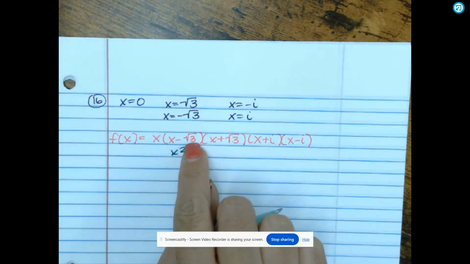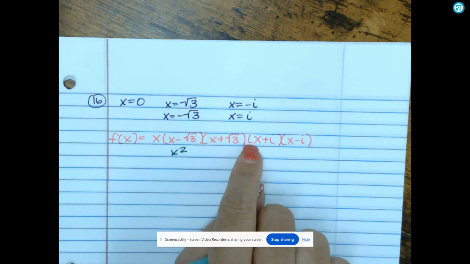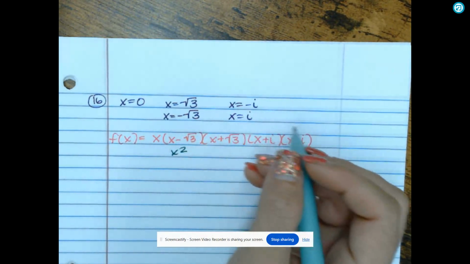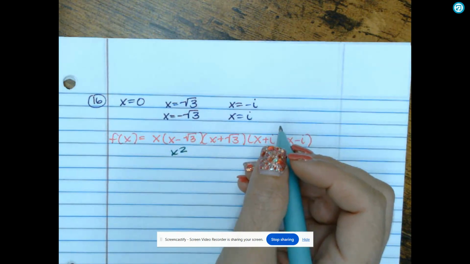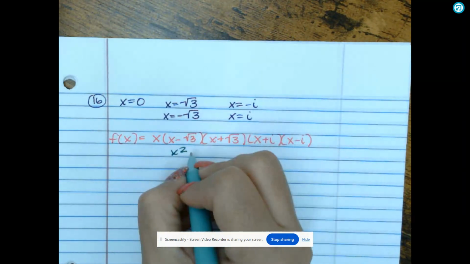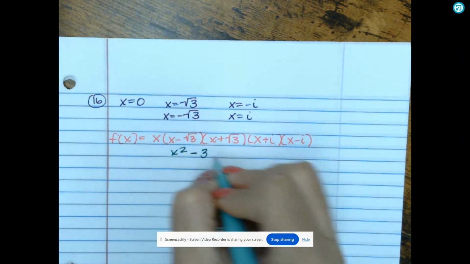Plus square root of 3x minus square root of 3x canceled out, and the negative square root of 3 times the square root of 3 is the negative square root of 9, which is minus 3.